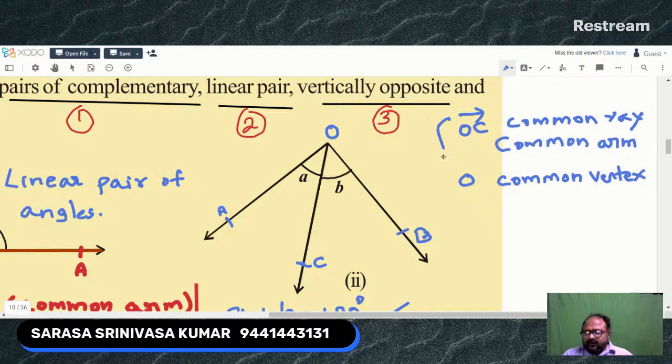So if these two conditions are satisfied, then we say that the two angles, angle A and angle B, are adjacent angles.